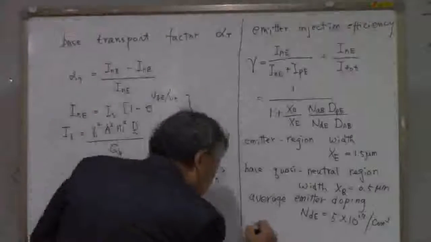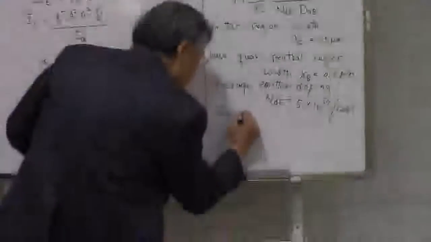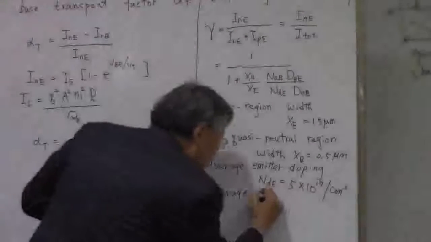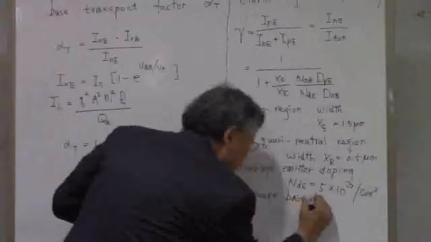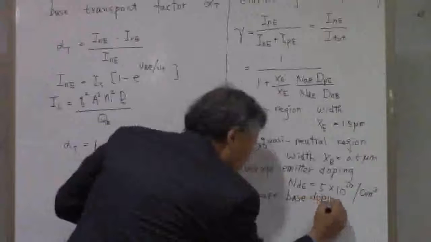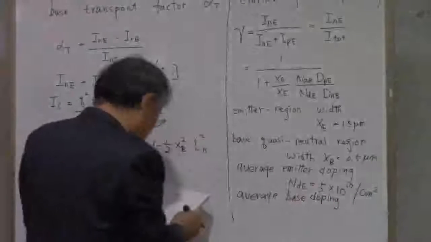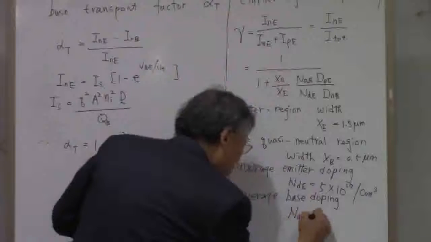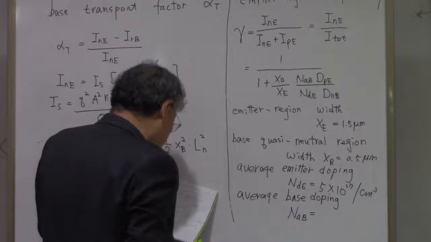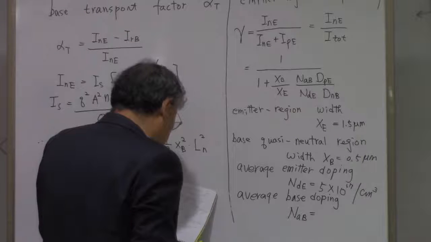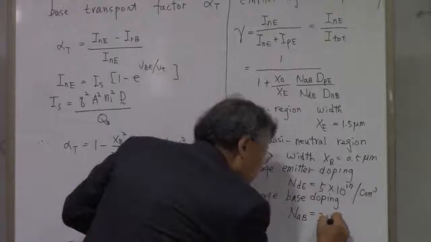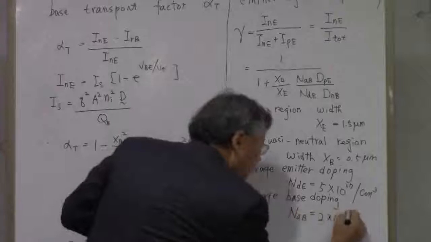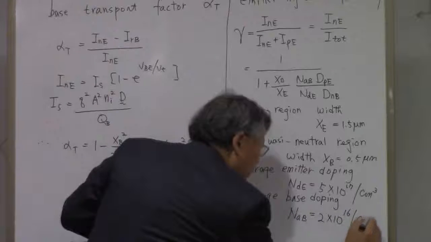And average base doping NAB is going to be 2 times 10 to the 16th per cube.